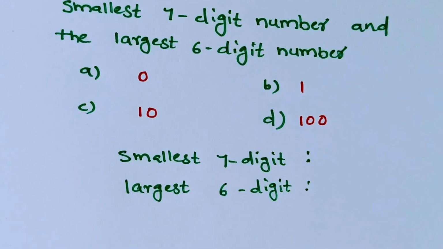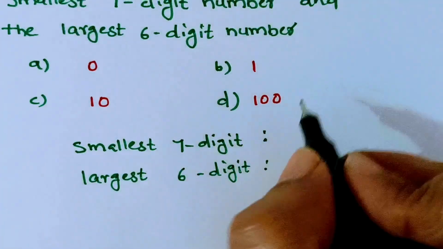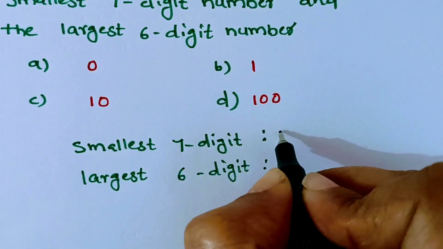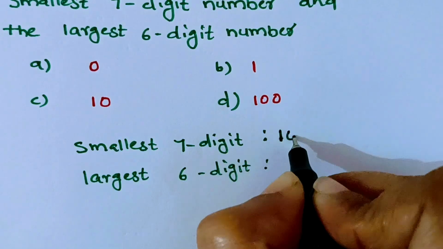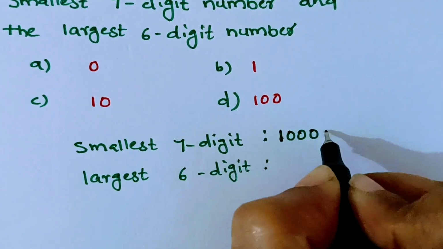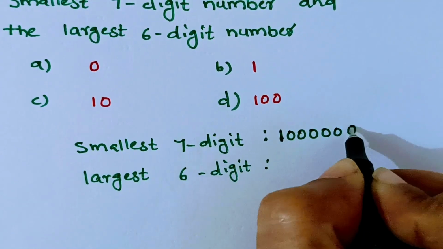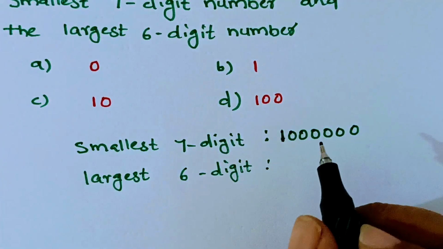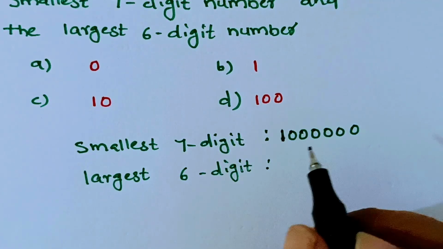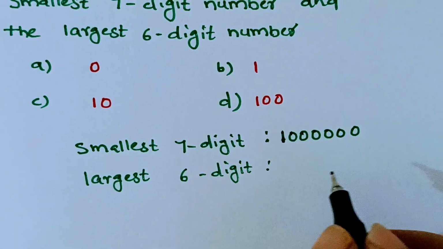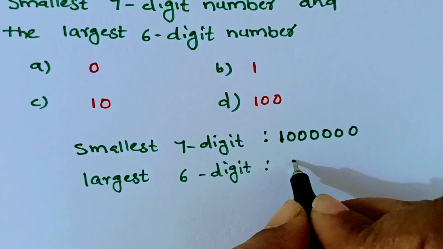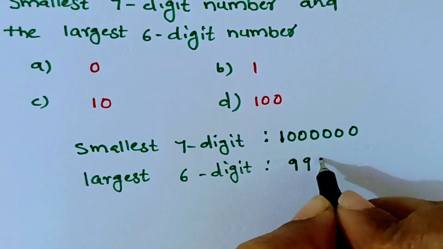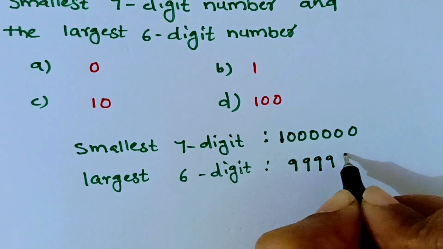Smallest 7-digit number. What is the trick for the smallest number? Write 1 and the remaining all zeros. This is the 7-digit smallest number. And the largest 6-digit number is six 9s.